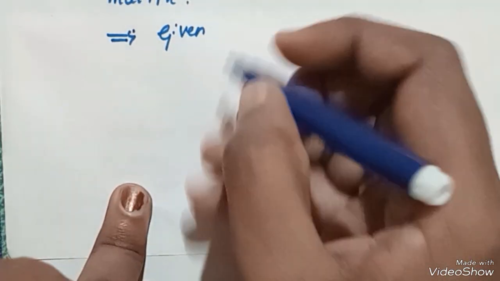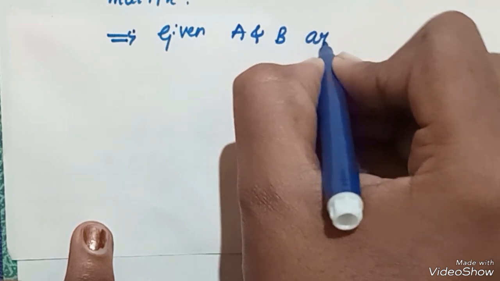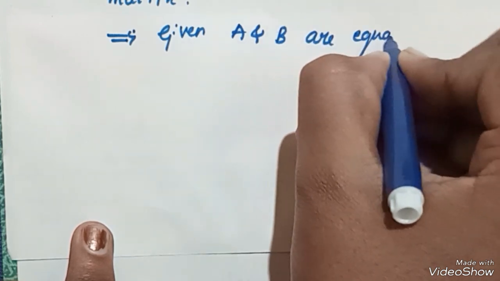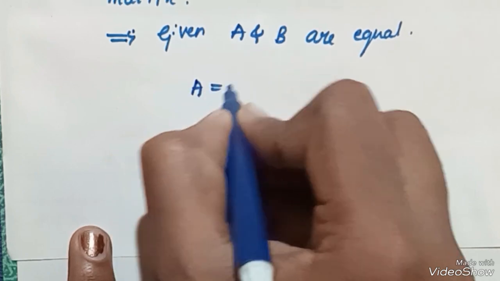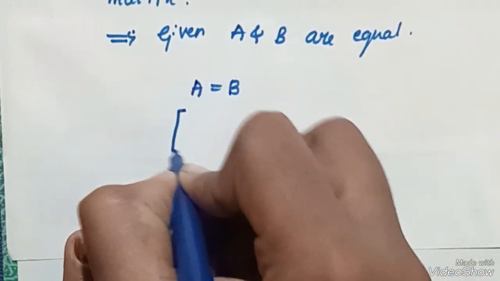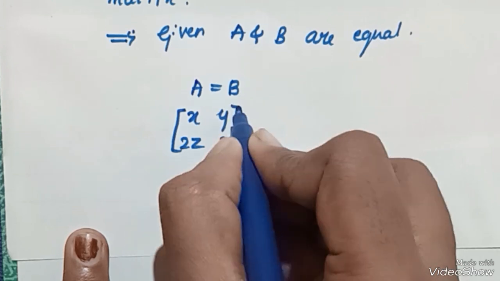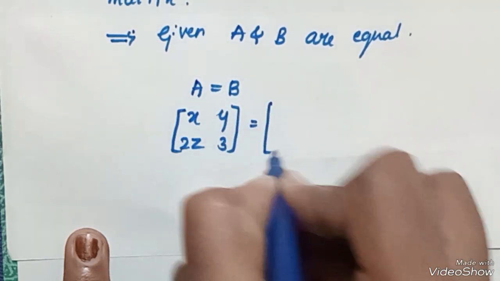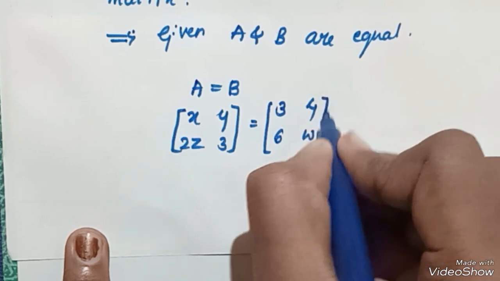Therefore, A = B, that is, x, y, 2z, 3 equals 3, 4, 6, w.